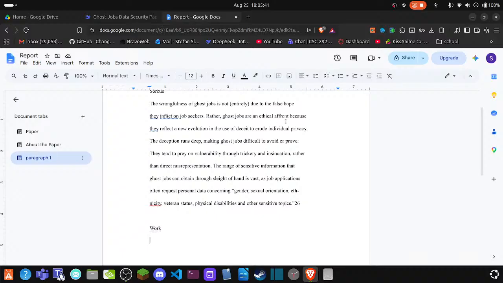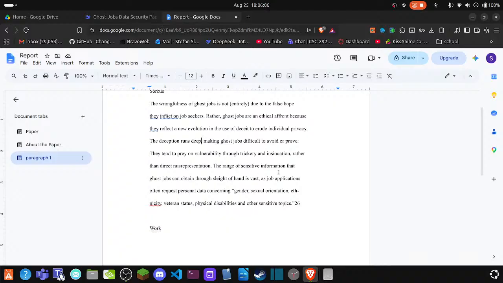Ghost jobs are unethical upfront because they reflect a new evolution in the use of deception. The deception runs deep, making ghost jobs difficult to avoid or prove. They tend to prey on the vulnerable through trickery and illusions rather than direct means.